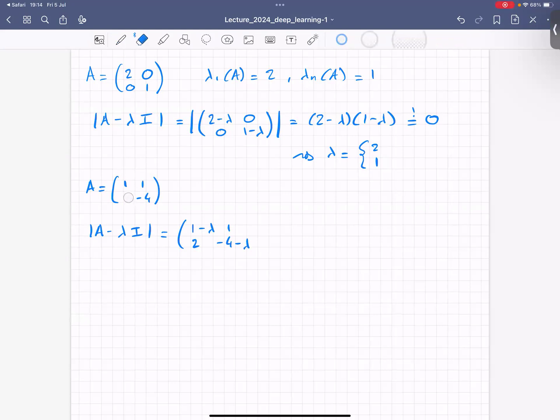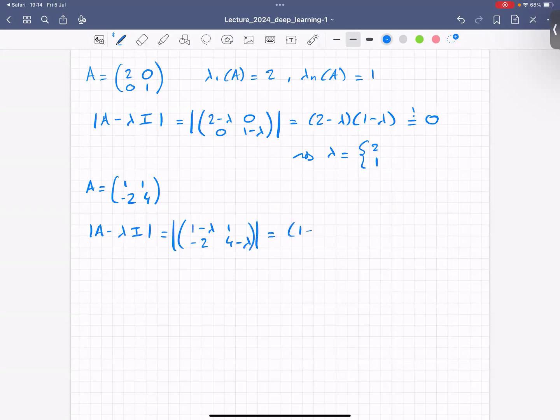Oops, actually what I wanted is something a bit different. Excuse me, minus 2, 4. Let me correct it here. Minus 2, 4 minus lambda. Okay, so the determinant of this matrix.